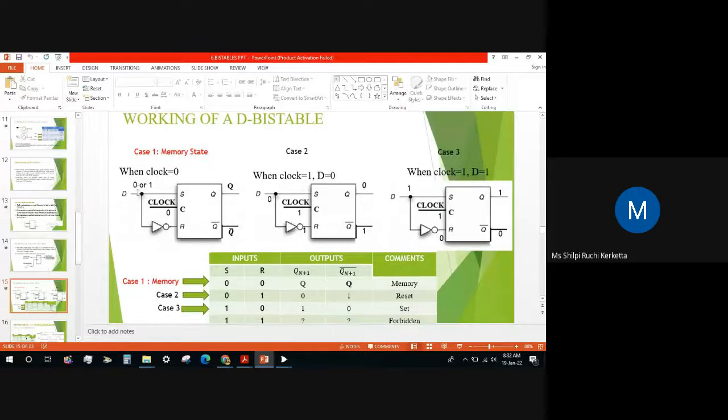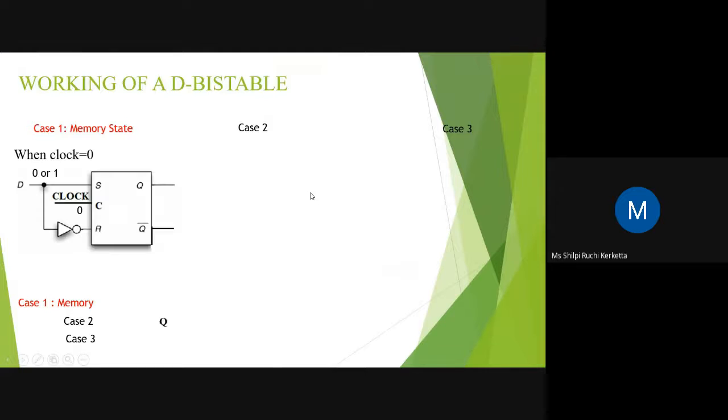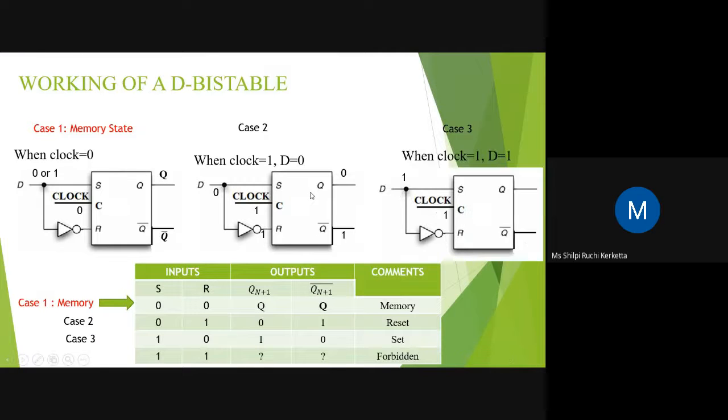If we give D as 0, then our S will become 0, and because there is a NOT gate, R will become 1. So S is 0 and R is 1.